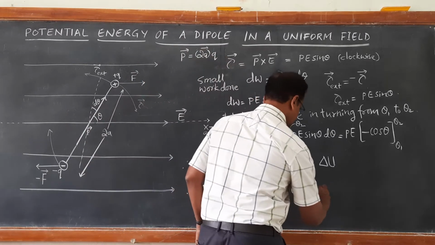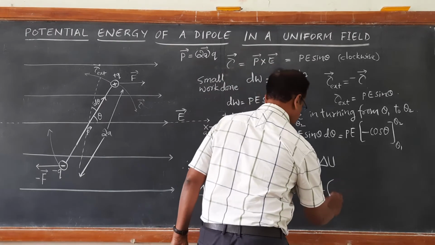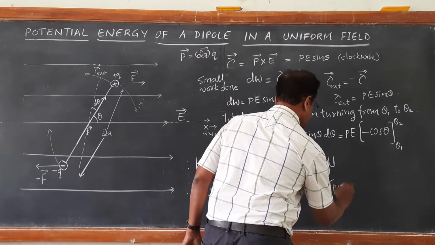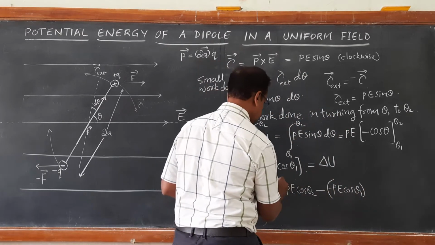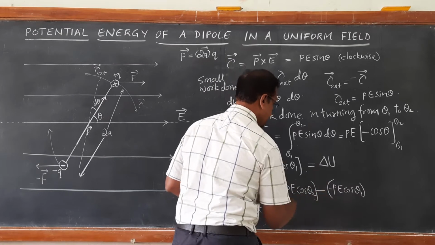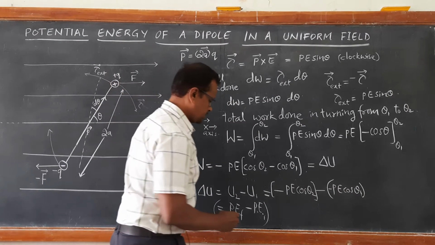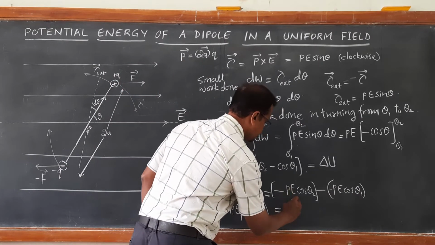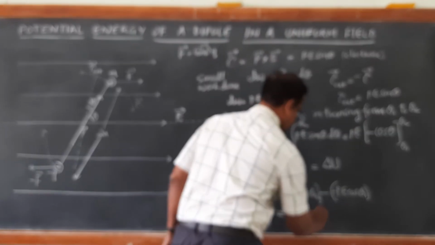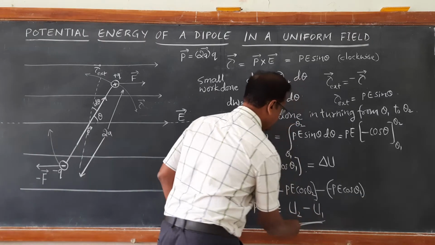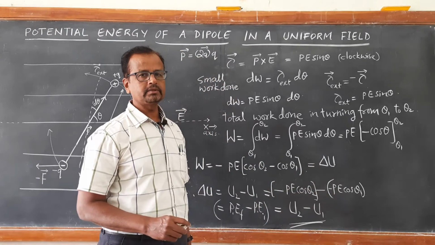Now, keep this minus as it is and take this minus Pe cos theta 1 inside the bracket. Purposely I have written it so that you can note it down here. This I can keep as one bracket, the second one as another bracket, so that the first bracket can be written as U2 and the second one as U1, where U2 corresponds to minus Pe cos theta 2, and U1 corresponds to minus Pe cos theta 1.